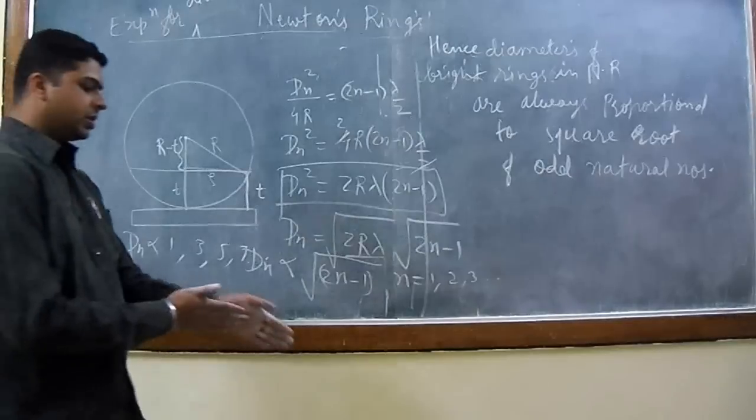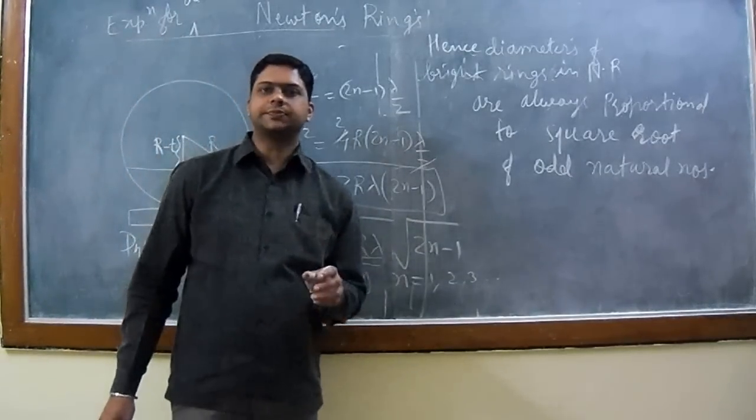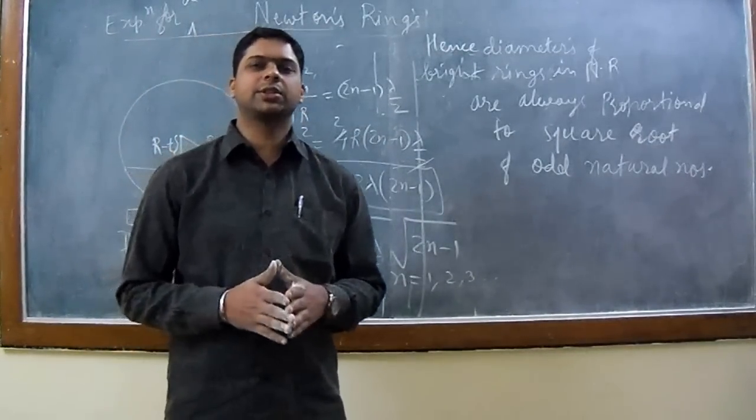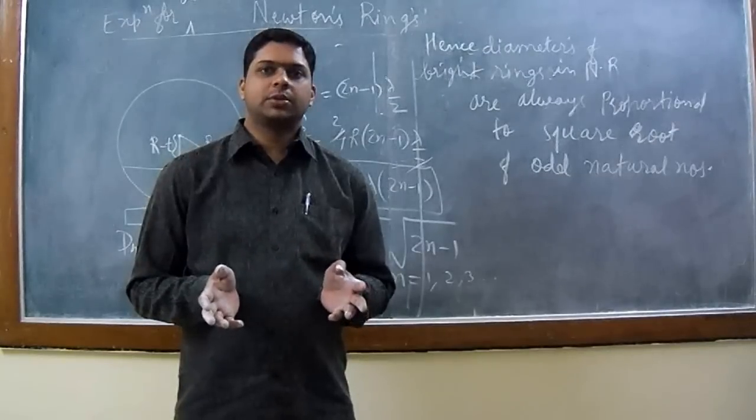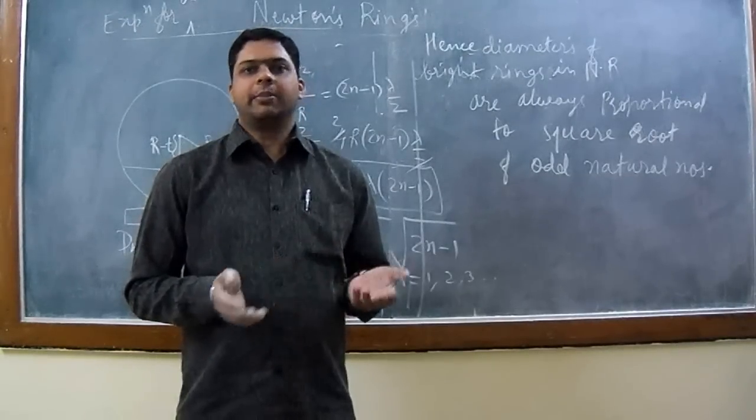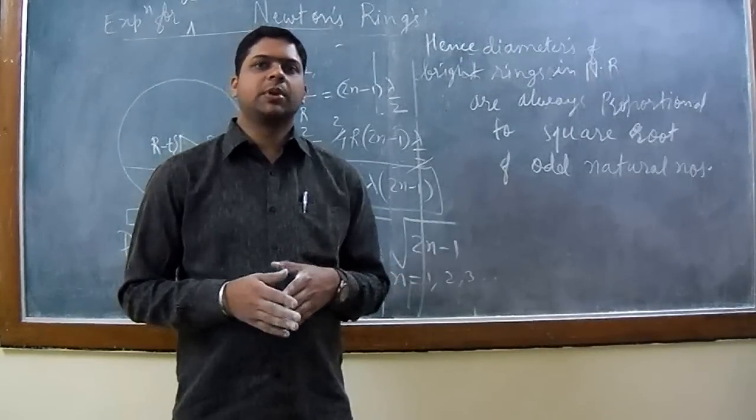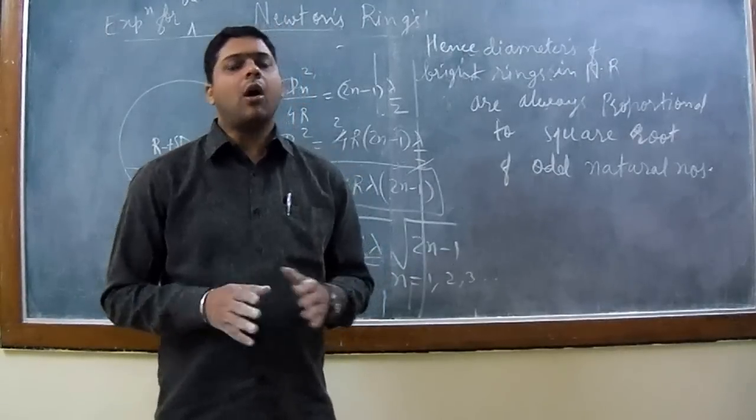Hence, remember this thing that diameters of dark rings in Newton's ring experiment are always proportional to square root of natural numbers, while diameters of bright rings in Newton's ring experiment are always proportional to square root of odd natural numbers.